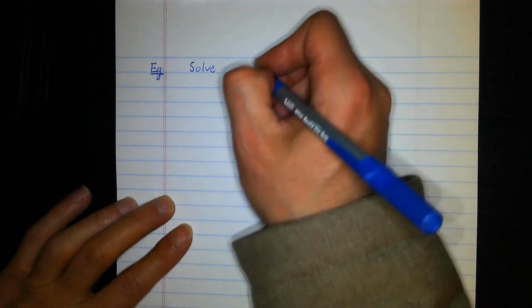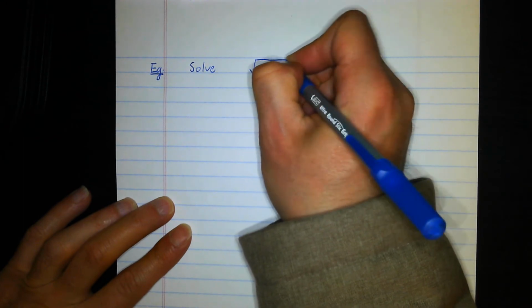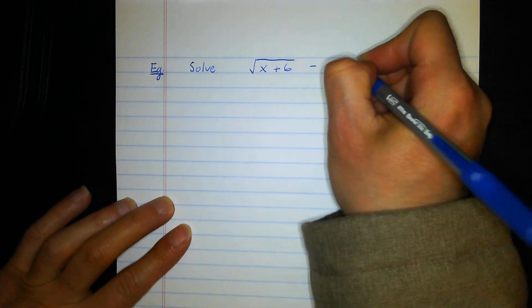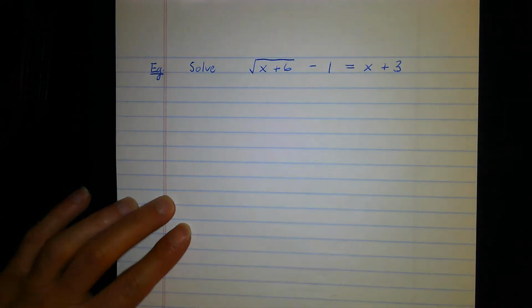Let's solve the square root of x plus 6, minus 1 equals x plus 3.